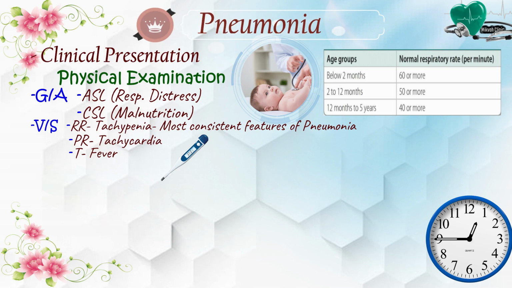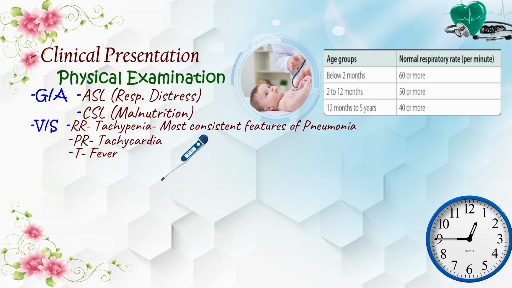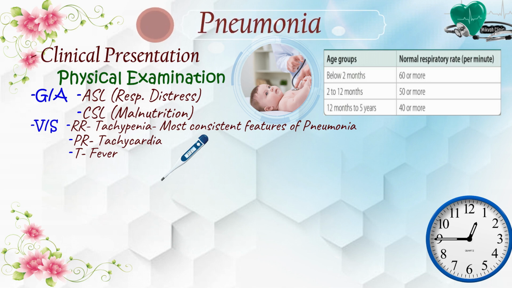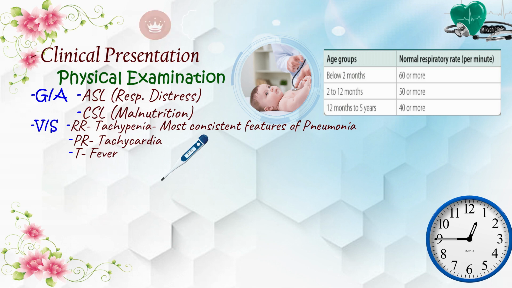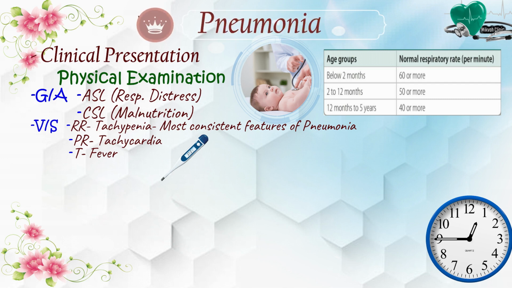Actually it's not the true recording of body temperature, but it's easy, so usually we use axillary temperature, and the normal range is 36.5 degrees Celsius up to 37.5 degrees Celsius. Don't forget that these measurements have diurnal variation between morning and evening.